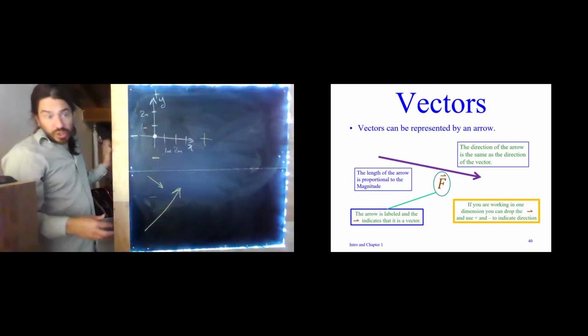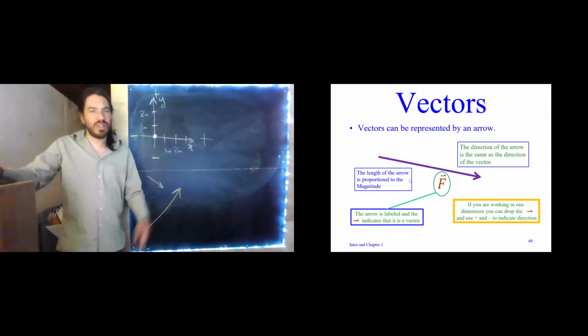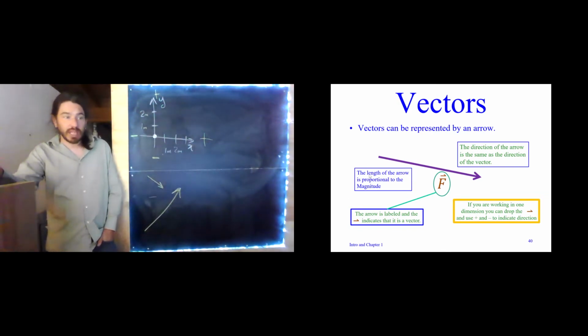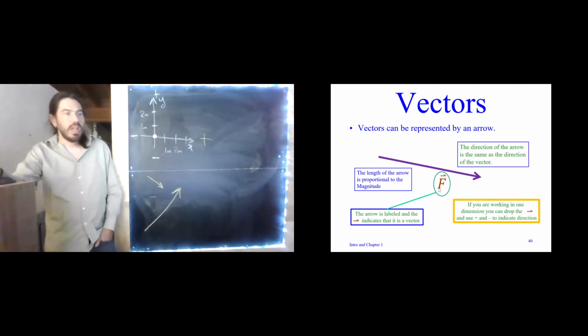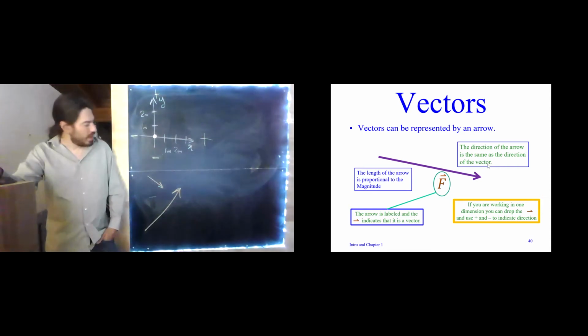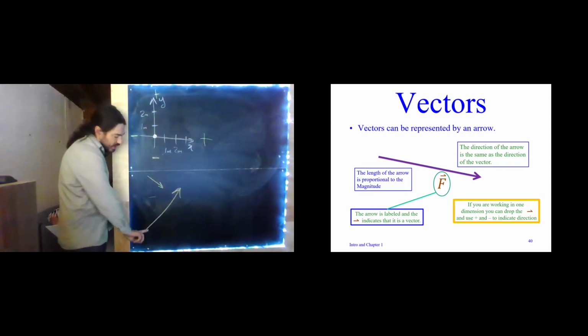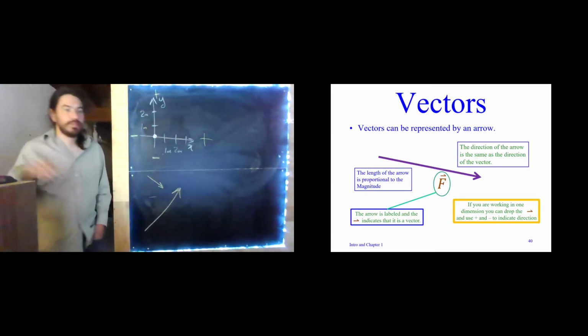And so it should be proportional. We'd need to set a scale to say exactly how long it should be. But generally speaking, the length of the arrow is proportional to the magnitude. The direction of the arrow is the same as the direction of the vector. In other words, this is a vector that points in this direction. This is a vector that points in this direction.